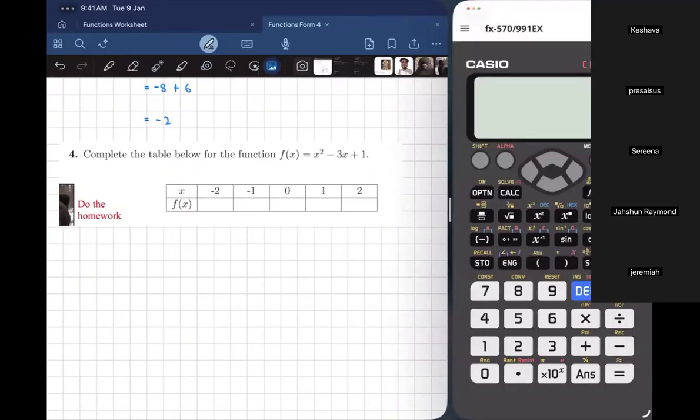All right. So it might be a little different depending on what kind of Casio you have. How many people in class have this exact model? Let me know. Nobody has that calculator in class? I can't remember, but I think I have it. You're looking for the FX 570 or 991.